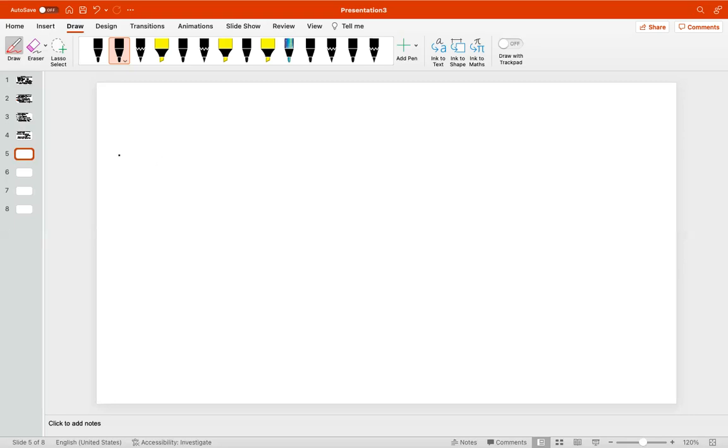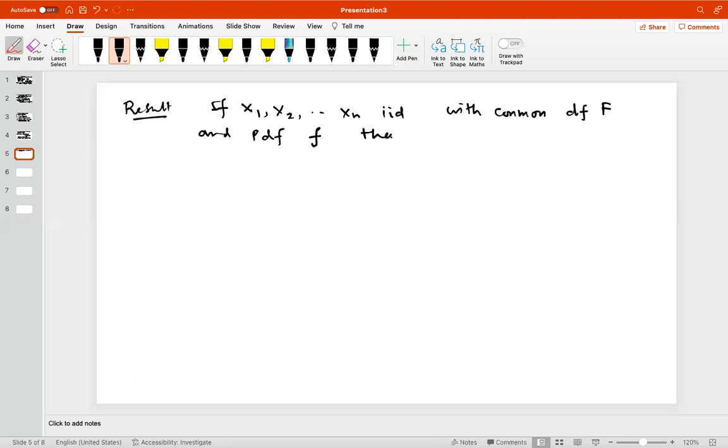Now the common density will be, if the result is this, that X1, X2, ..., Xn are IID with common distribution function F and density function (PDF) small f, then consider the probability that M_n is less than or equal to x and N_n is less than or equal to y, the joint distribution of the minimum and maximum.